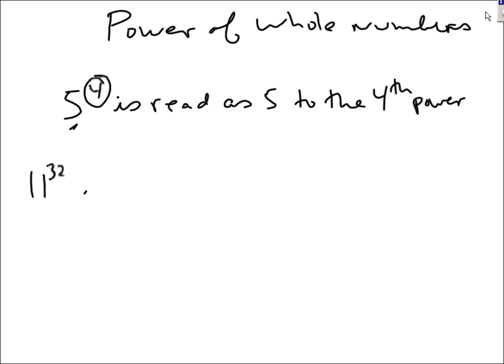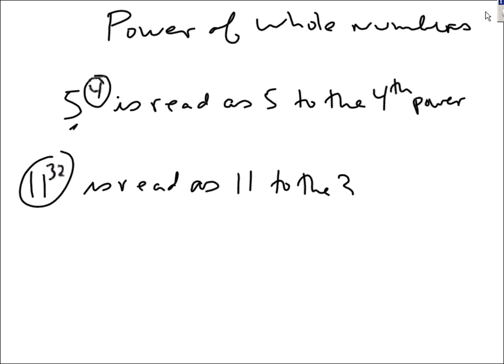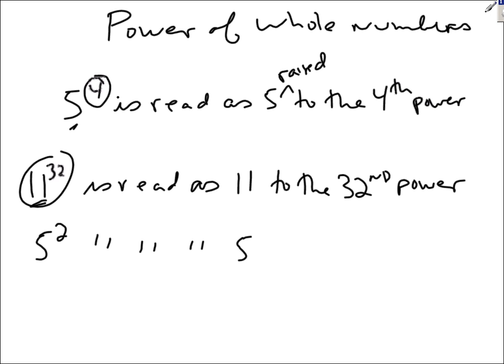To the 32nd, this is read as 11 to the 32nd power. 5 to the 2nd is read as 5 raised to the 2nd power.